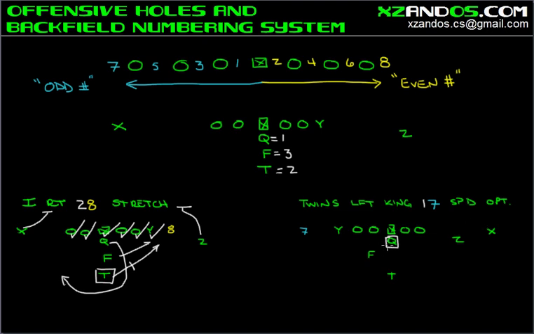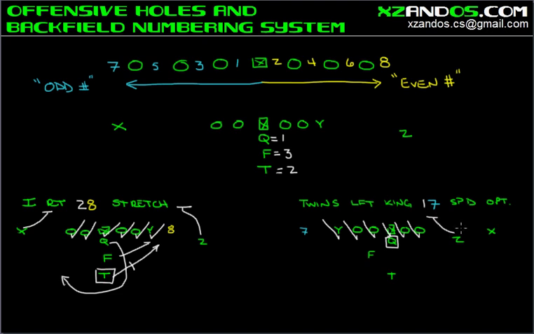Speed option again tells my team that they are going to be blocking zone, and so the blocking scheme would look something like this if we're just drawing it on air. Zone blocking, center, backside guard, backside tackle.